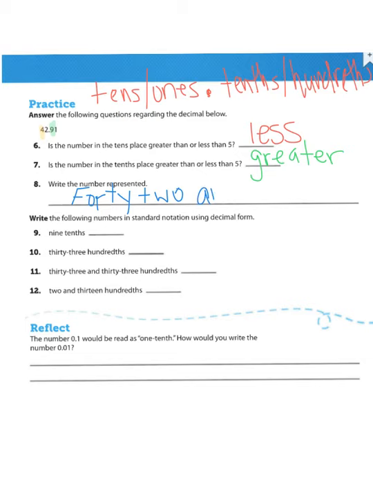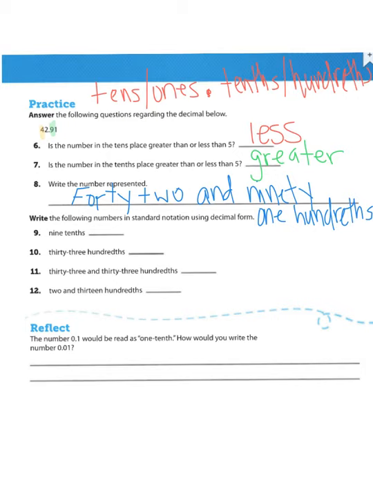So and, this would be 42, and that's 91. And we have two place values here, so it goes tenths, hundredths. So that would be 42 and 91 hundredths. That's how you would write that out.